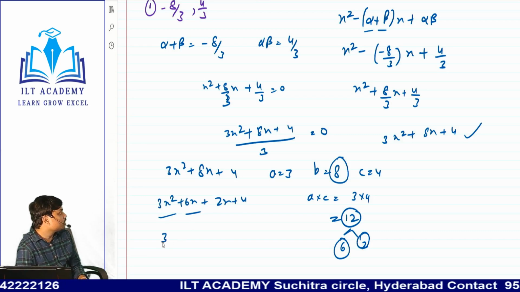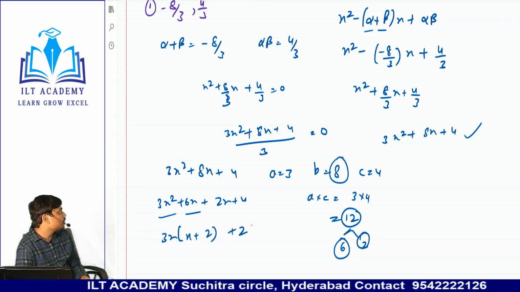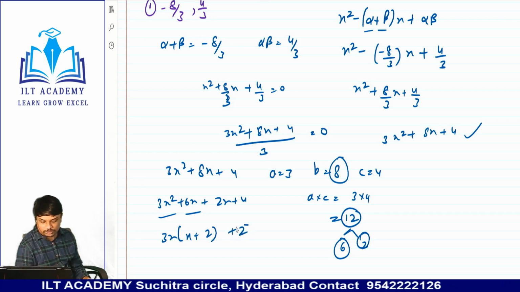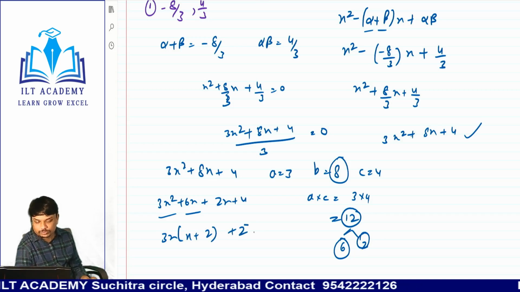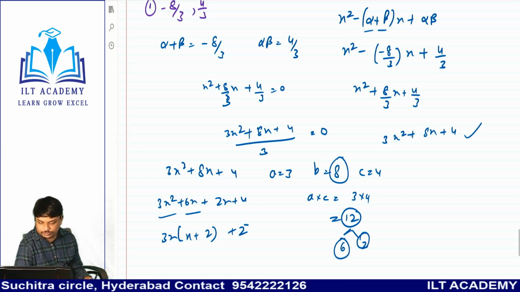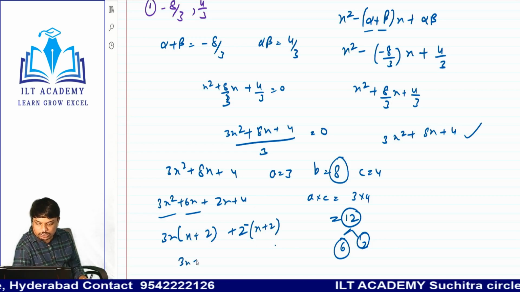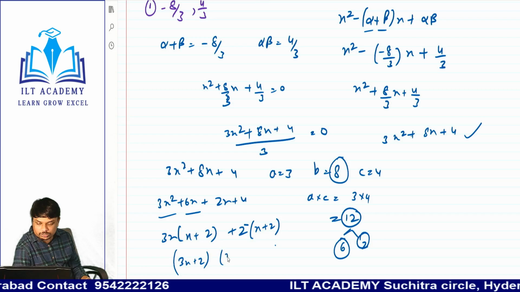What can we take common in these two? 3x. Then you will be getting x plus 2, plus 2 common, x plus 2. Now 3x plus 2 into x plus 2.